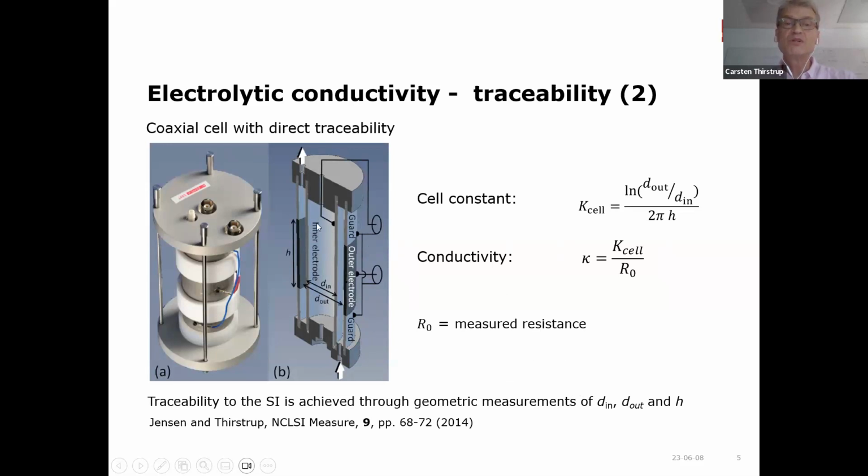This means that we will have essentially no fringe fields, and the cell constant can then be computed as the logarithm of the ratio of the outer diameter of the outer electrode to the outer diameter of the inner electrode, divided by 2 pi and the height of the electrode. And the conductivity is then computed as this cell constant divided by the measured bulk resistance.